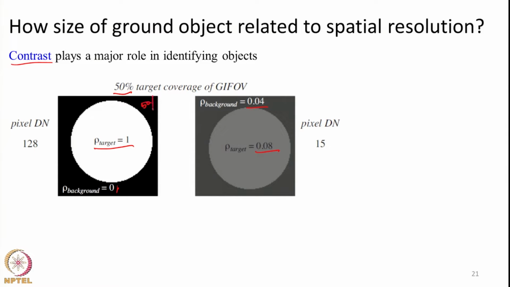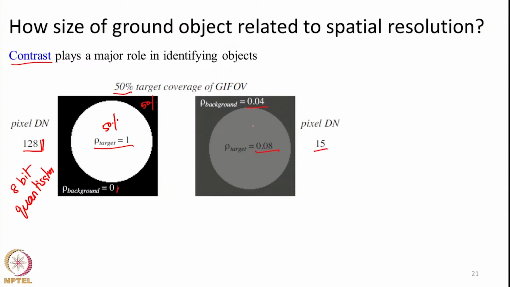The average DN that will be produced in this case is 128, assuming an 8-bit quantization, whereas for this particular pixel, where the difference in reflectance is pretty low, it will be 15.